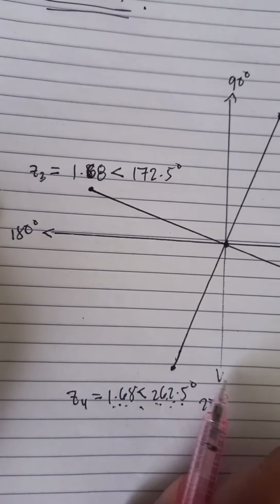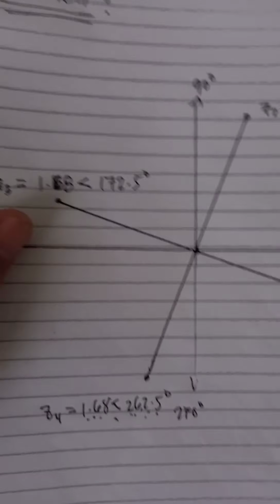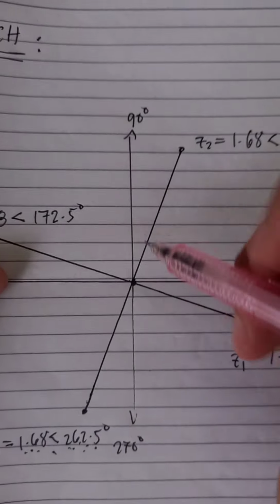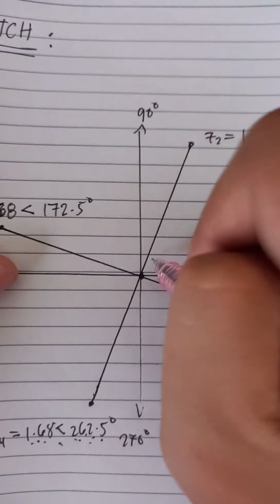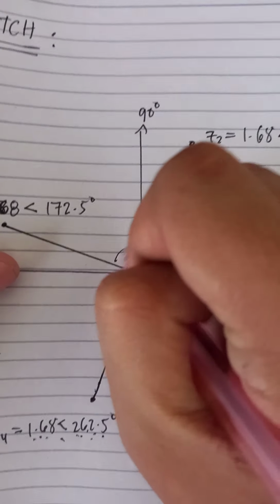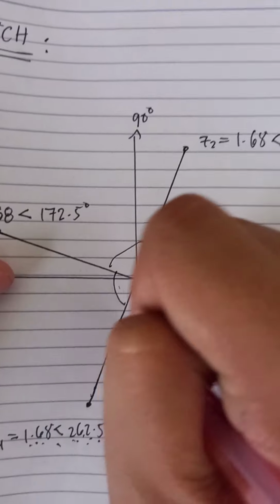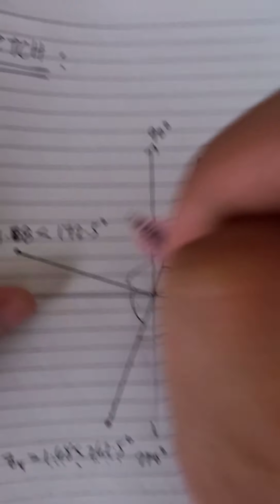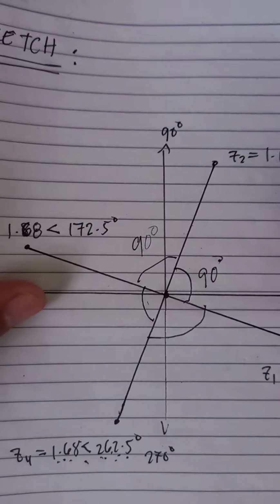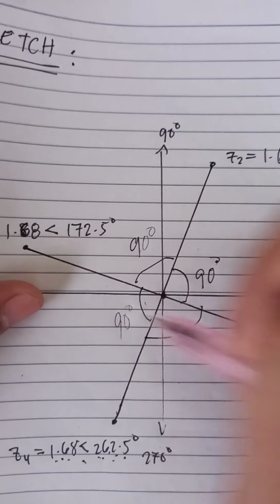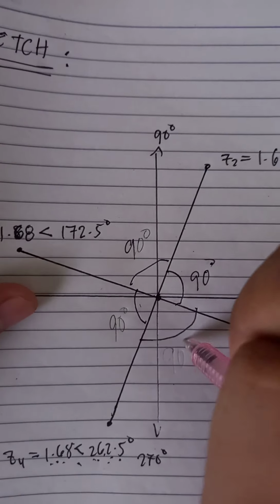This is 180 and this is 162. So as you can see, we have here an angle of 90 degrees, 90 degrees, 90 degrees, and 90 degrees.